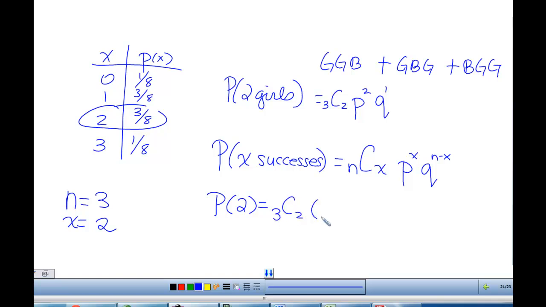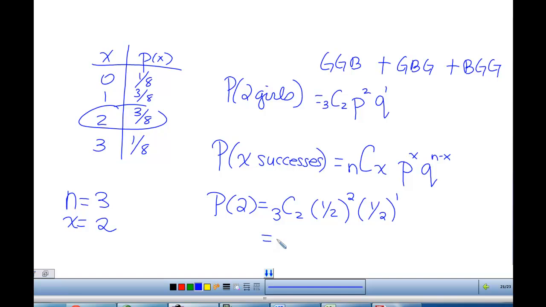Probability of getting a girl, we believe, is what? 1/2, right? Okay, we're going to raise that to 2. Probability of not getting a girl is also 1/2. We raise that to 1.